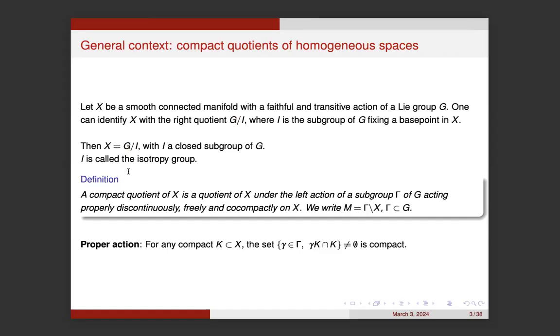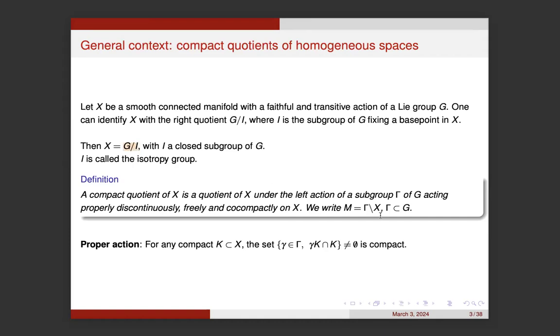And now, if I have a homogeneous space of some Lie group J, then I can define what we call a compact quotient, which are new manifolds which we can build from this space X. A compact quotient of X is a quotient of X under the left action of a subgroup gamma of J, which acts properly, freely, and co-compactly on X. So X is a homogeneous space of J, so it identifies with J mod I. The Lie group J acts on the left by left multiplication on the coset space.